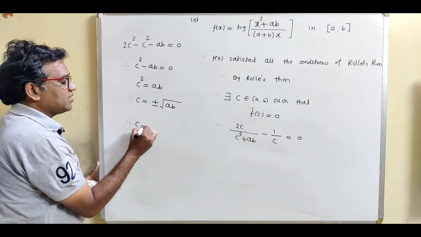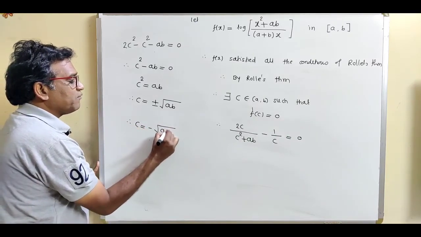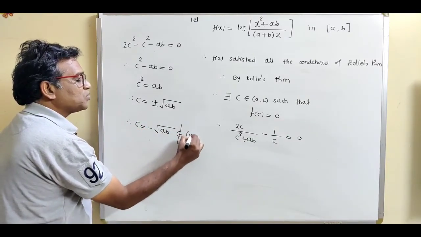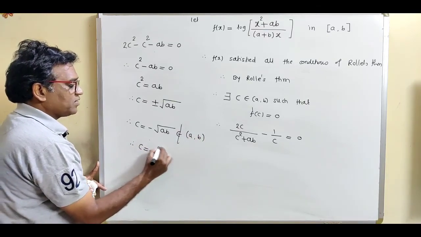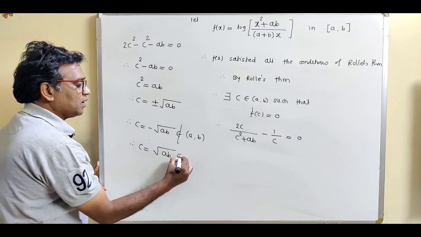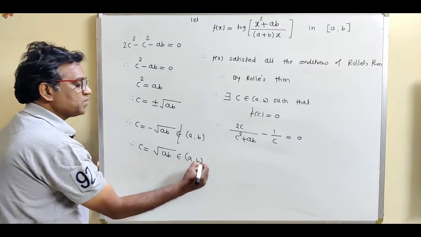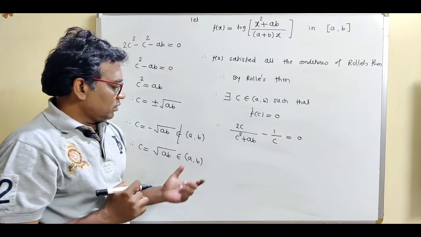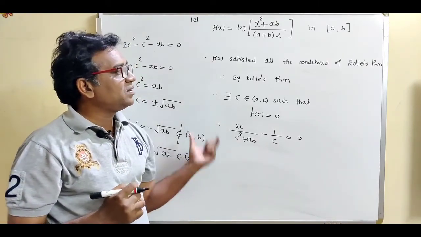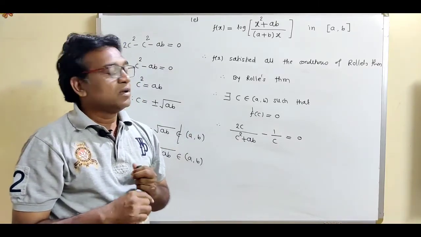Obviously the negative value does not belong to the given interval (a, b), and c equals root ab belongs to this positive open interval (a, b). That means we have verified Rolle's theorem.